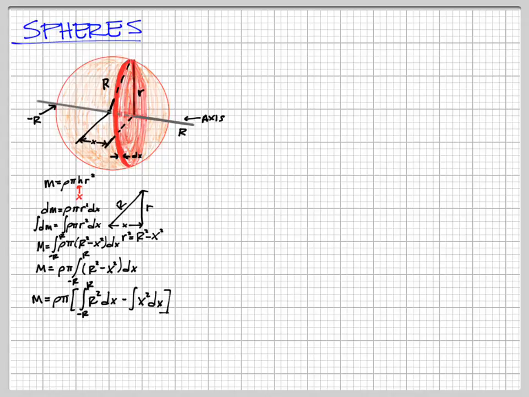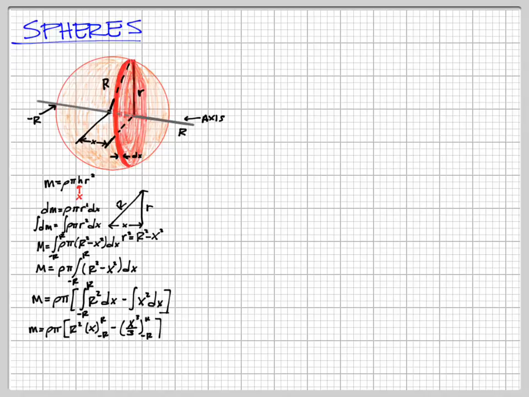So as we take this integral, the r squared comes out, and I just have rho pi times r squared times x from negative r to r. So it's just the integral of dx. We'll go ahead and pull that out. And then this is going to be x cubed over 3 from the same limits.